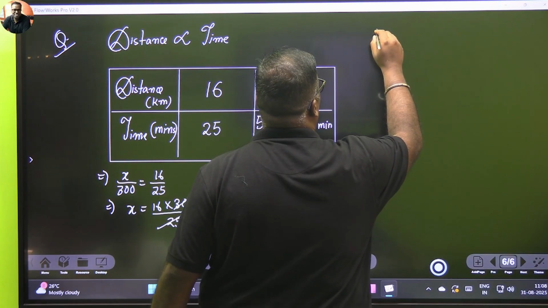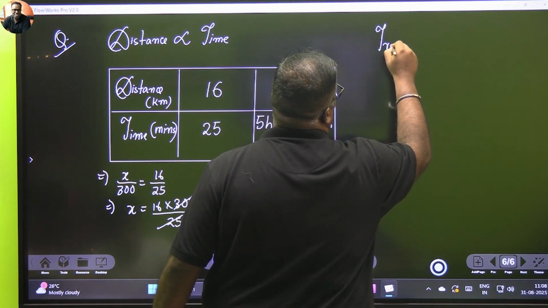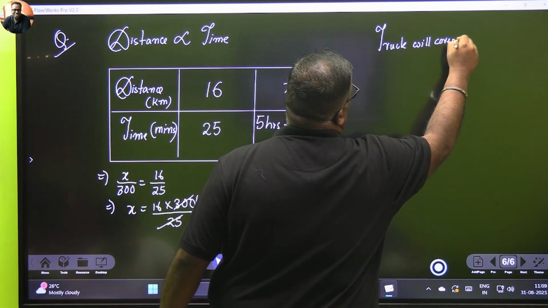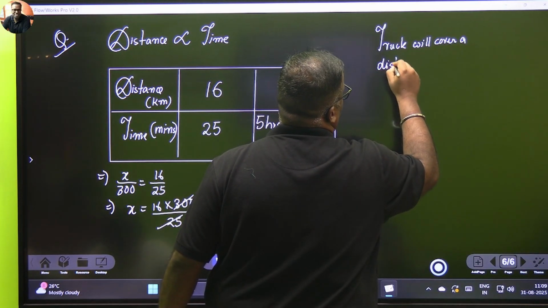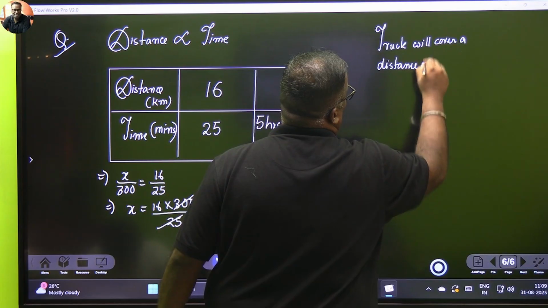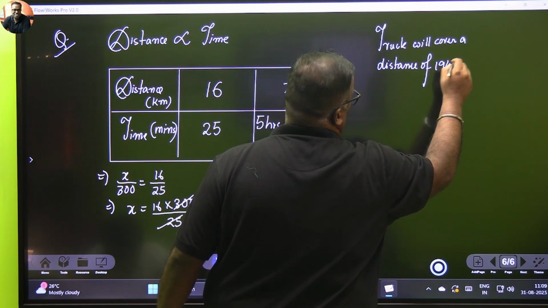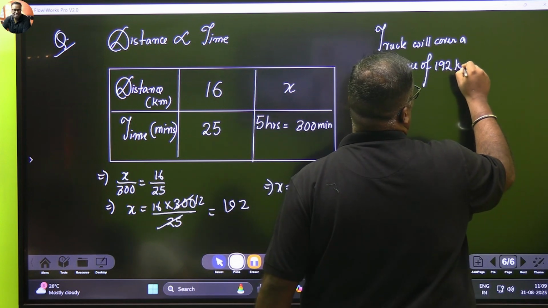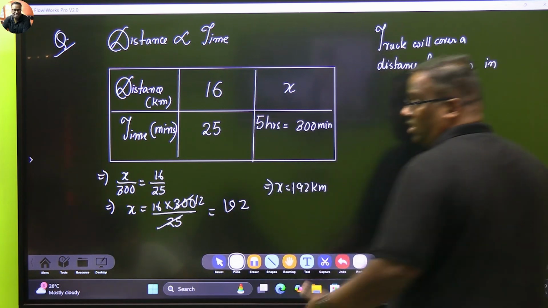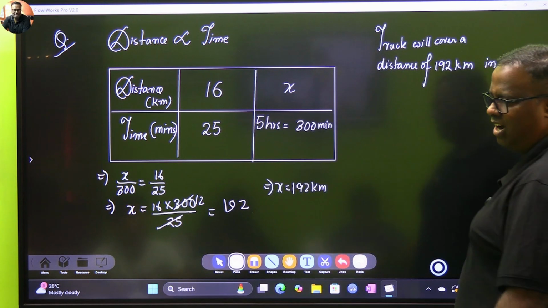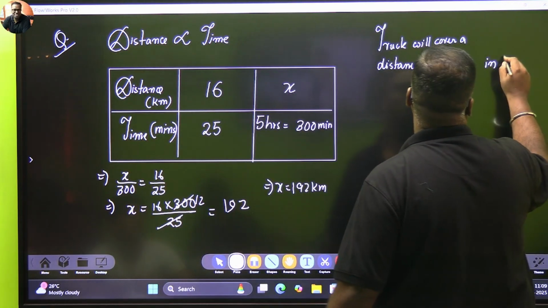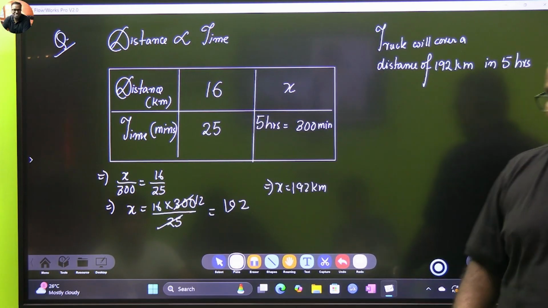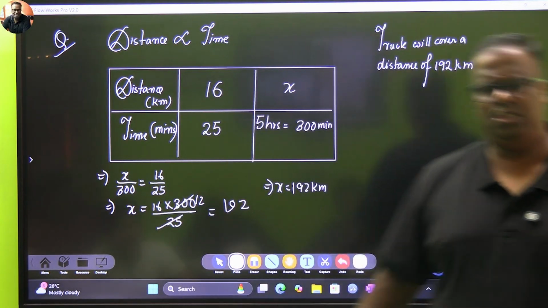We will say the truck will cover a distance of 192 kilometers. Don't write 300 minutes, because in the question it was hours. So we will write in 5 hours. Your teacher will not get any chance to deduct a single mark. Rather, she will say, what a nice boy he is.